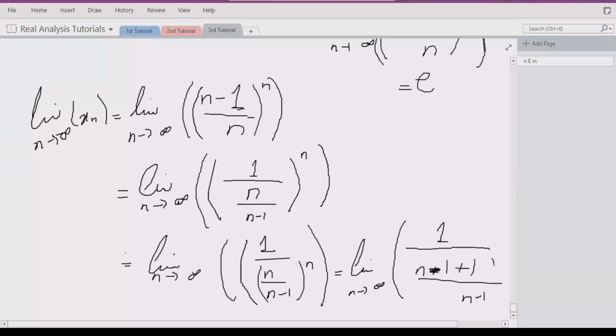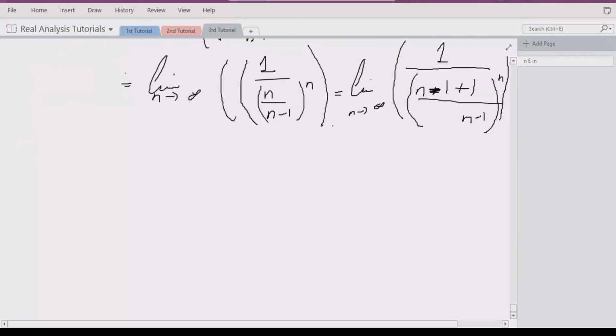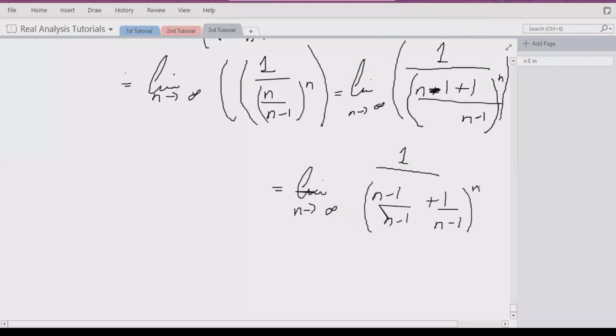I add and subtract 1. So the limit as n tends to infinity, how can I write this? 1 over n minus 1, n minus 1, just breaking the LCM.